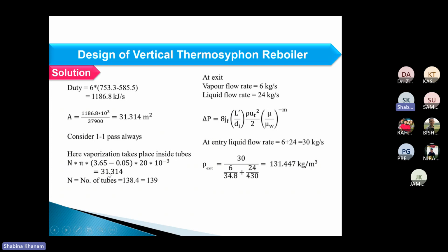So 3.65 would be the total length, and 50 you will deduct, because 20 is the OD of the tube, so tube sheet thickness should be at least 25. So number of tubes would be 138.4, and we can consider 139.